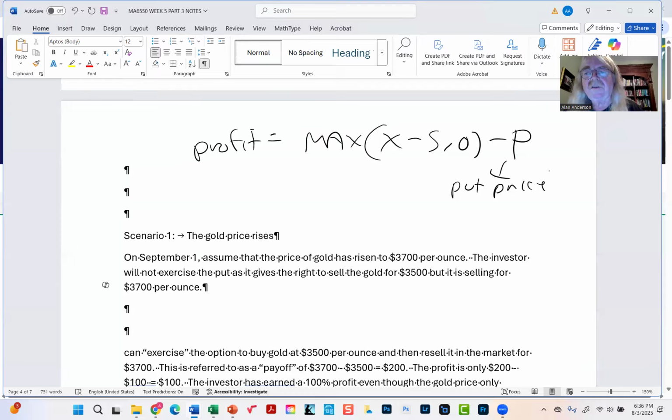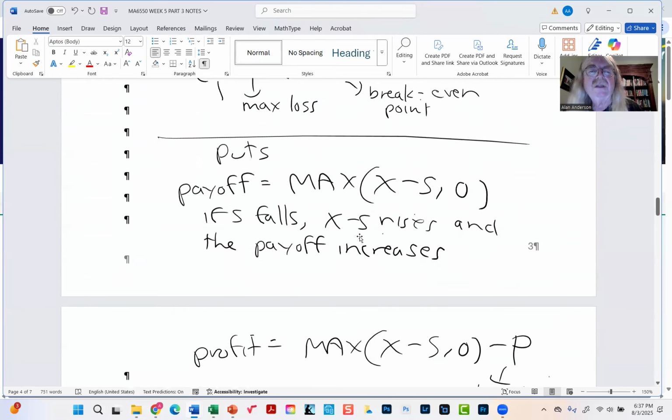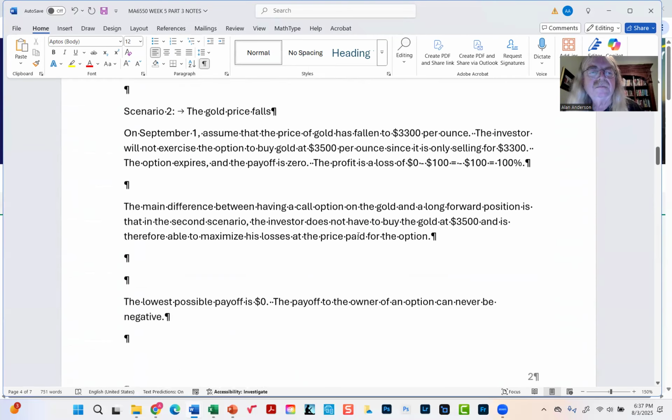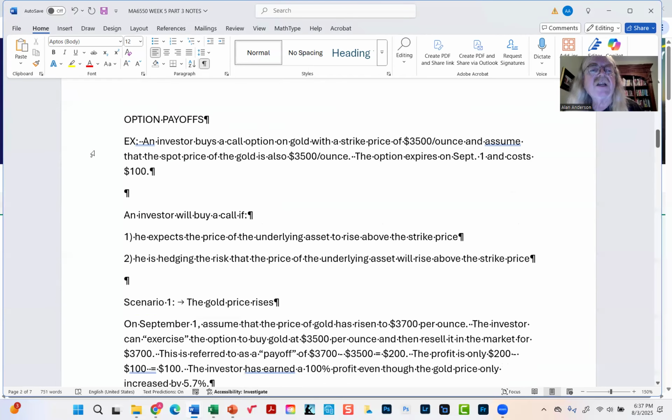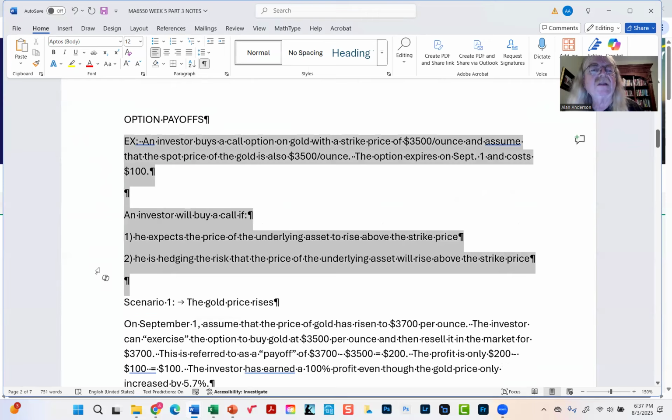You're not going to sell it for 3,500 when you could sell it for 3,700. Actually, I think I should include this part too. Hold on a sec. That might help, so you know what's going on.